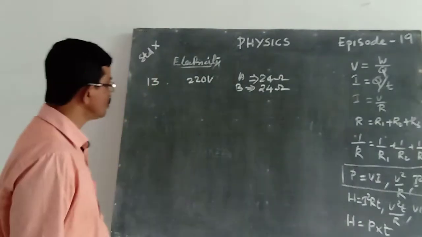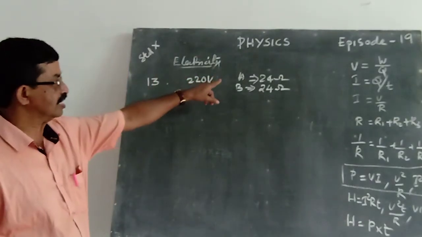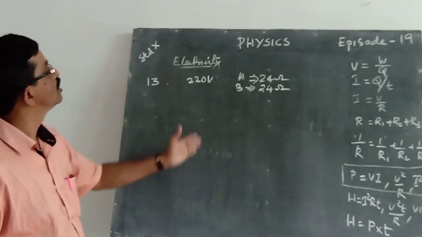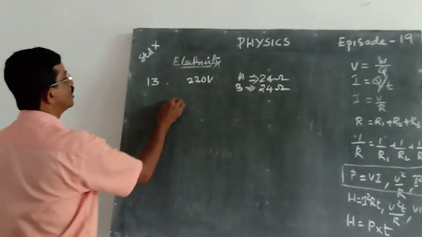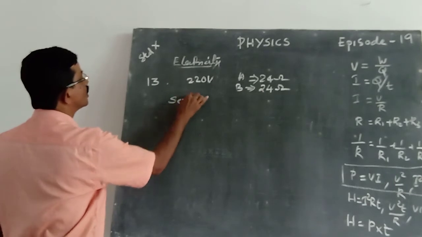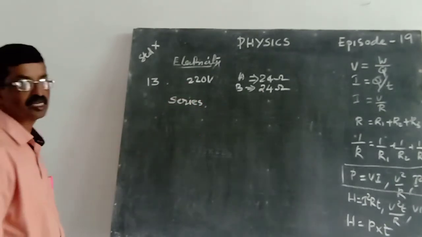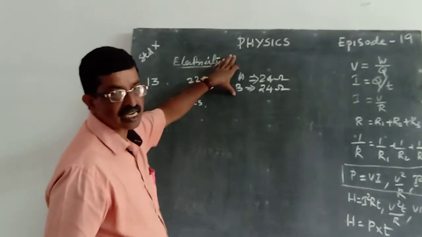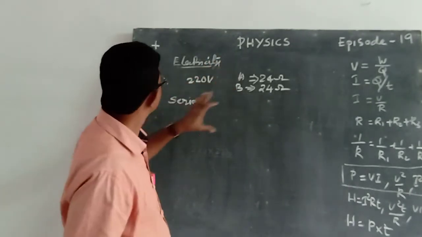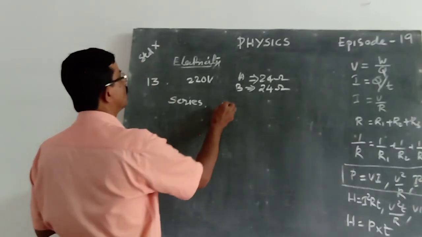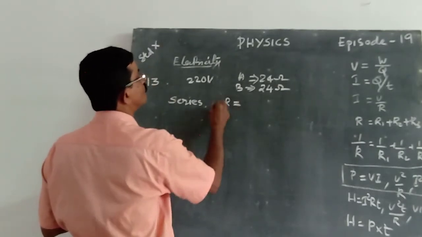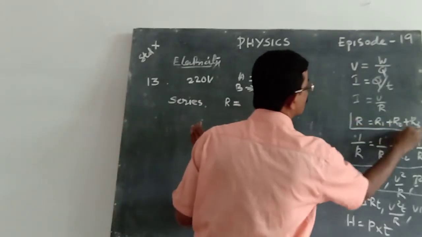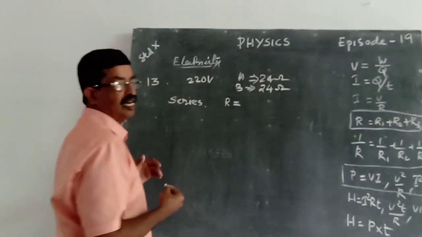See, if we use the resistors separately, at first in series, that means the plates A and B are connected in series. Then the total resistance R is equal to R1 plus R2.